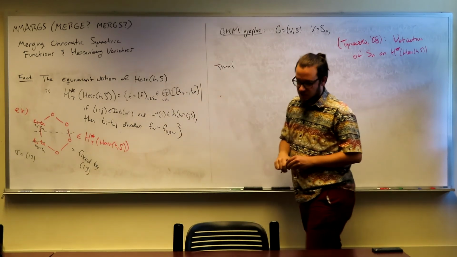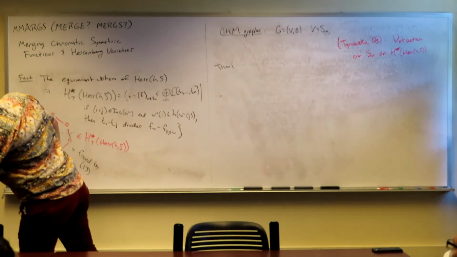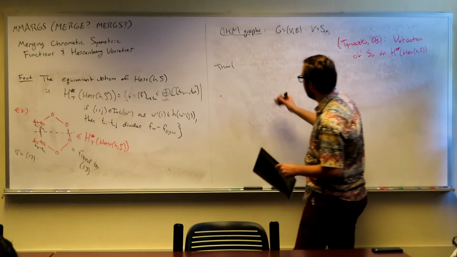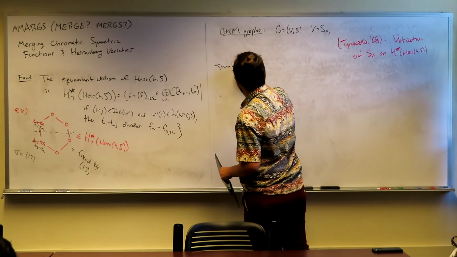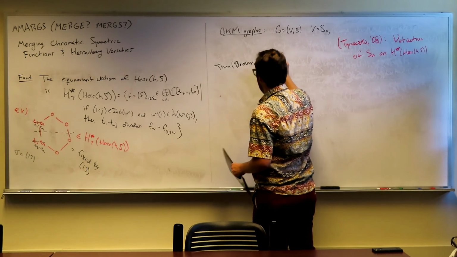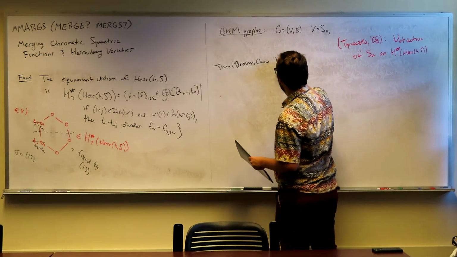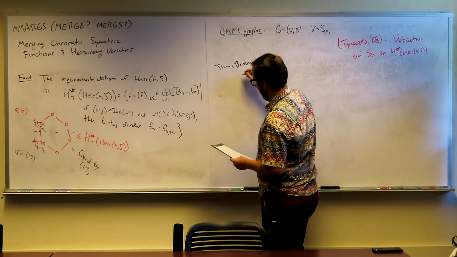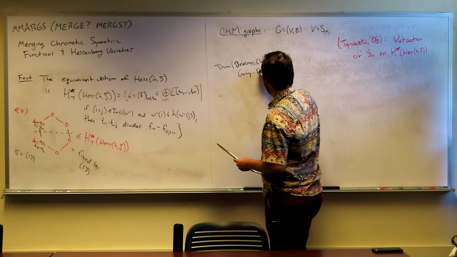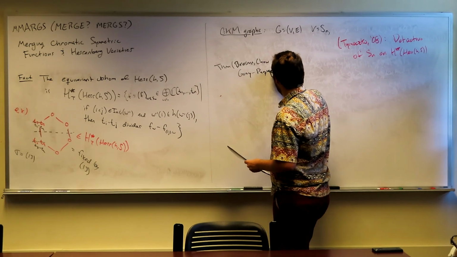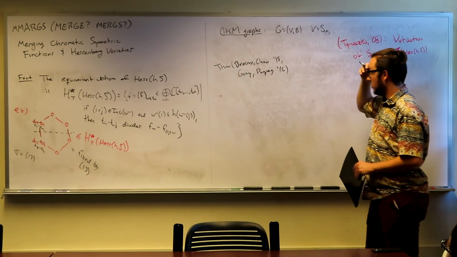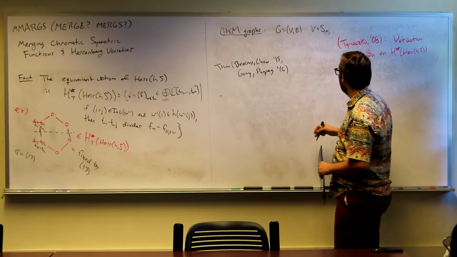This theorem was originally proved twice: first by Brosnan and Chow in 2015, and also by Guay-Paquet in 2016. I believe the first group proved it geometrically, the second group proved it combinatorially.